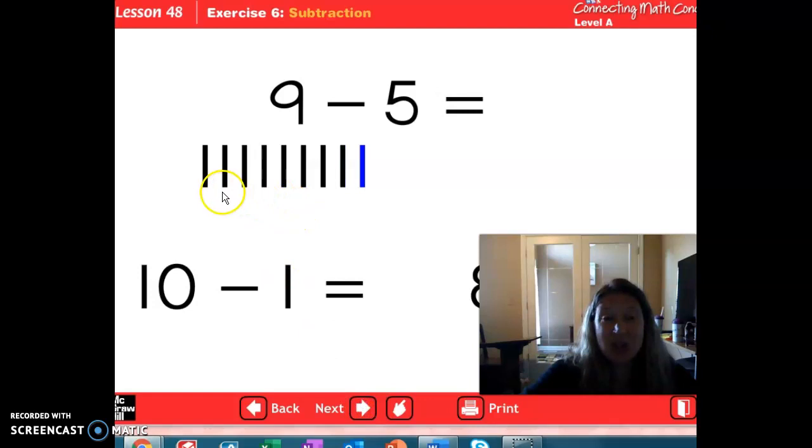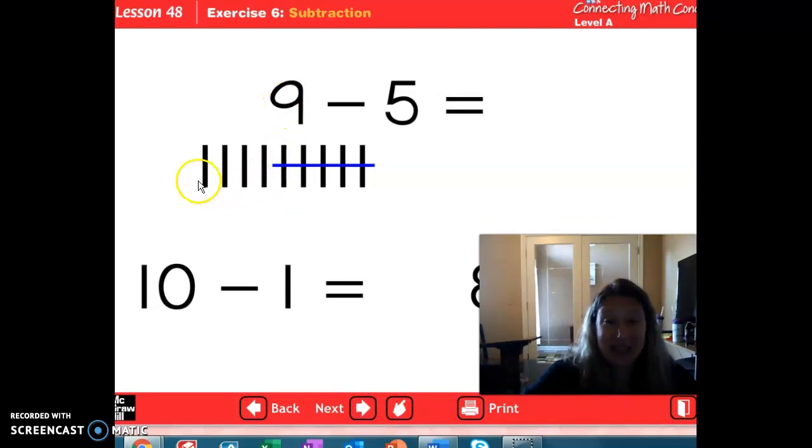Okay, so I made 9 lines because that's my starting number. And you know what to do next, right? Since it's takeaway, we're going to take away 5 lines, right? So we're going to start here and we're going to cross out 5 lines. Let's count. 1, 2, 3, 4, 5.